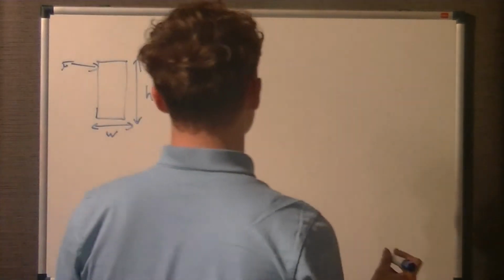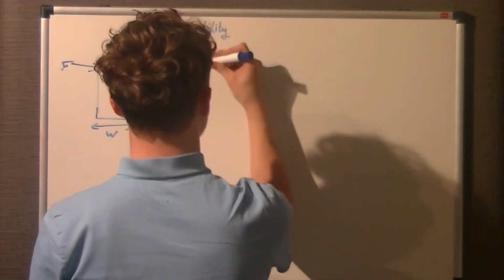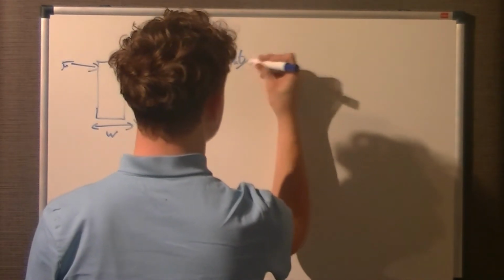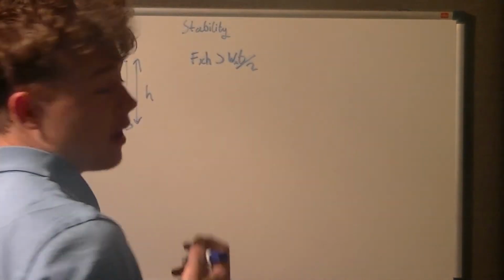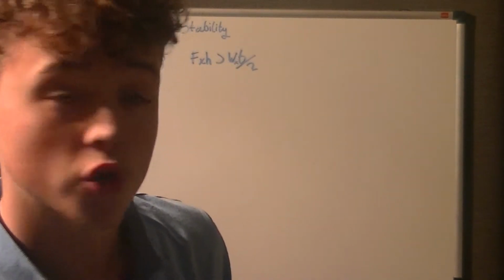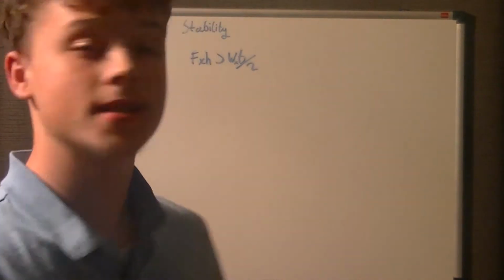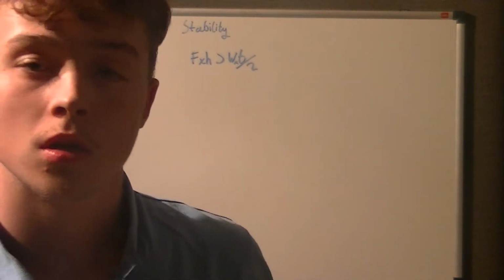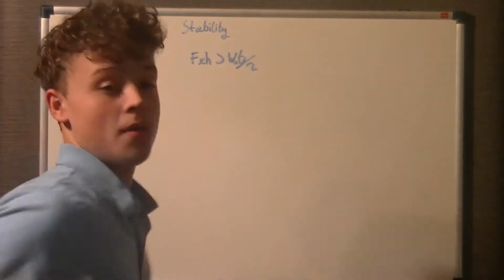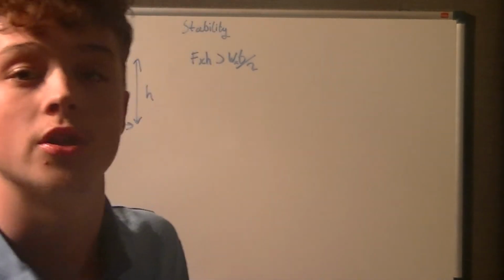Then for the object to fall, F times H has to be larger than W times B over 2. F is the force, H is the height of the wardrobe, W is the weight, B is the base, and then divide by 2.